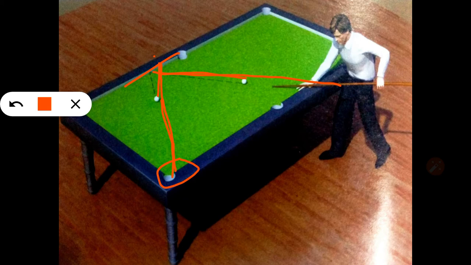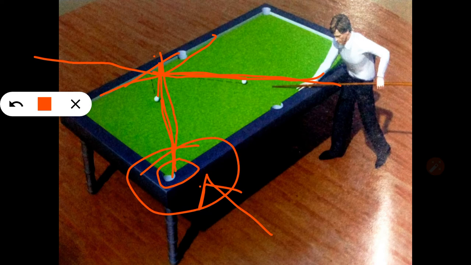By this we have bent the light ray or the light beam, because the light is supposed to go through this direction, which is a straight line, but because of the mirror that is here, it has been able to bend the light towards this direction, meaning that assuming your eyes were here, you will be able to see this ball because of the light bending.